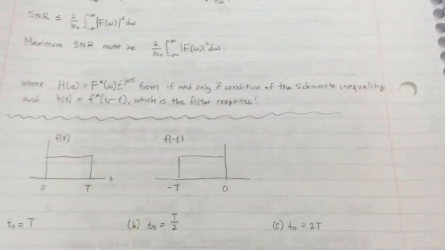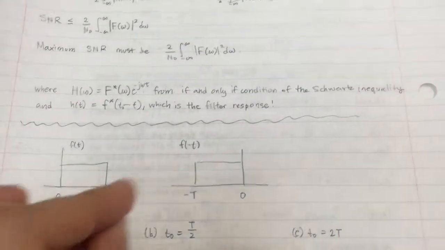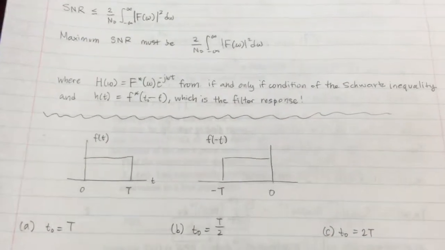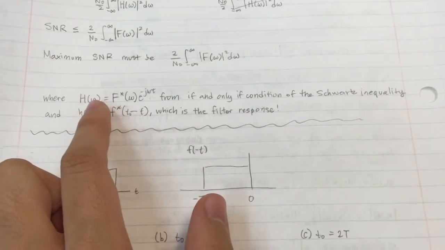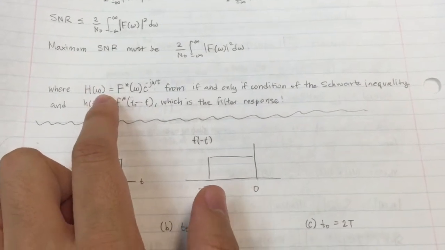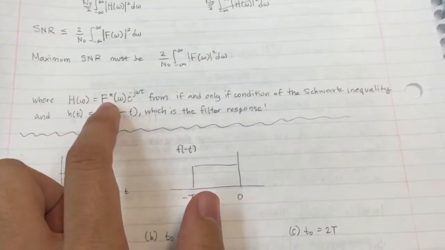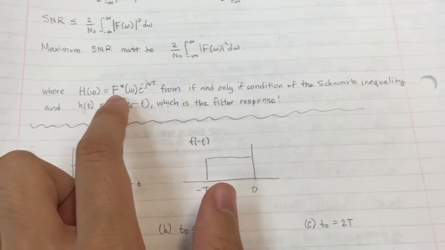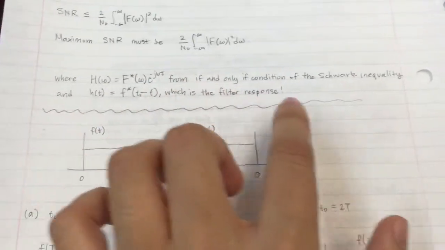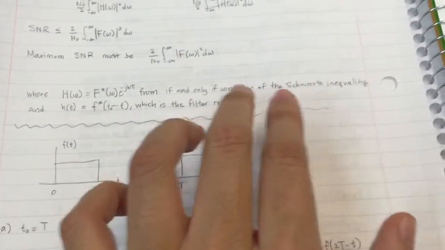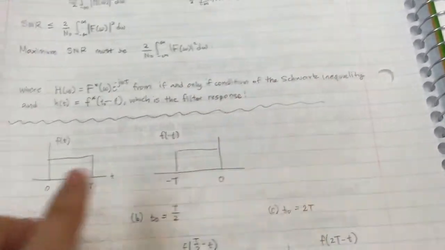Remember the if and only if condition, where the second function is the complex conjugate of the first function. So H(omega) is equal to the complex conjugate of F(omega), which comes from the if and only if condition of the Schwarz inequality.